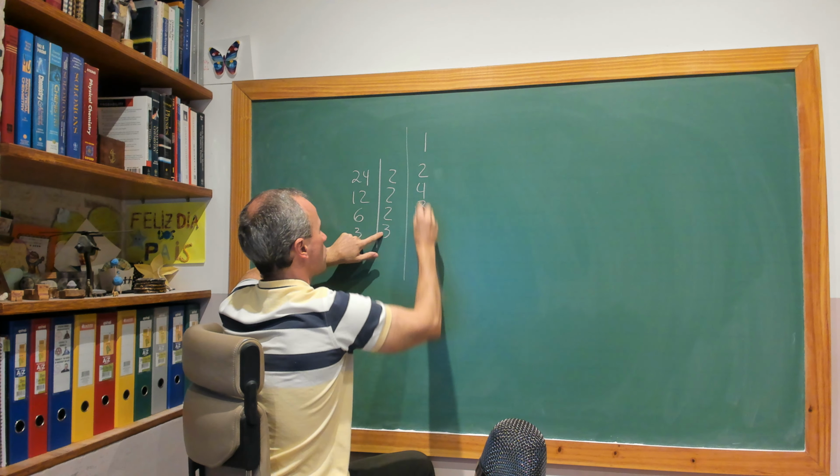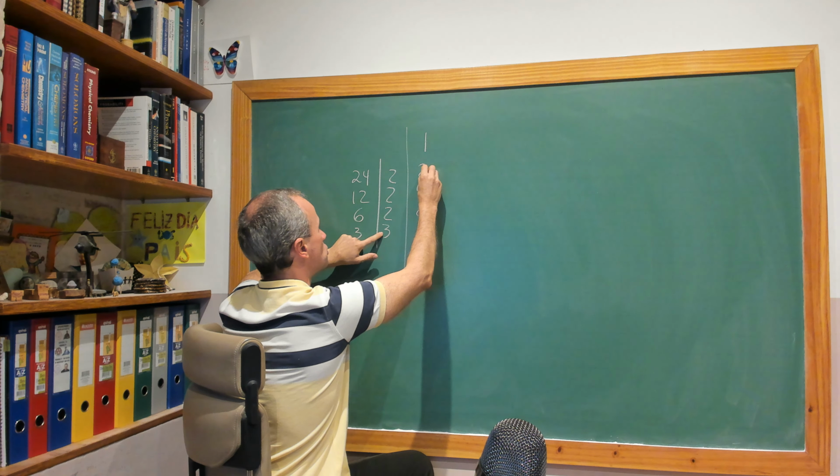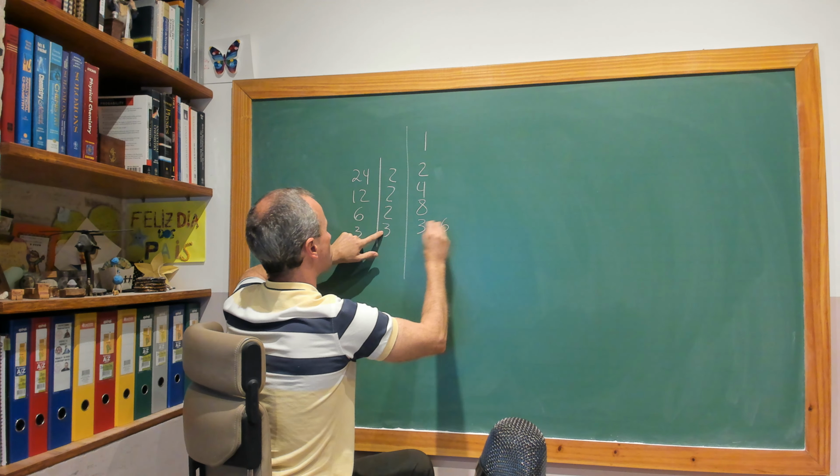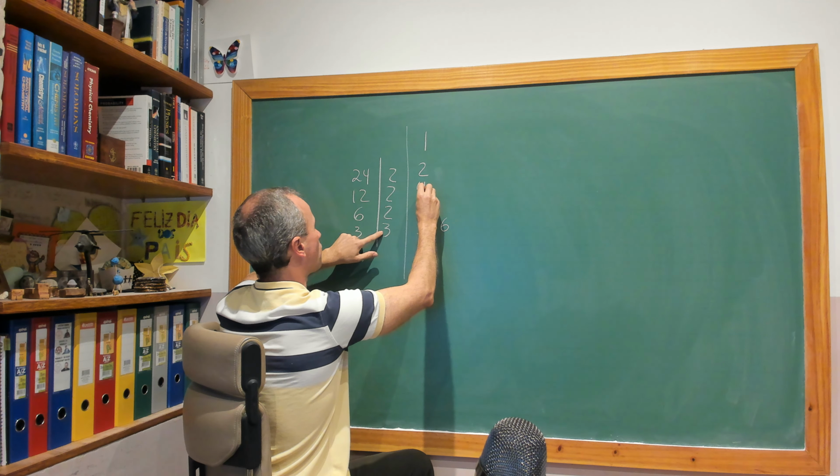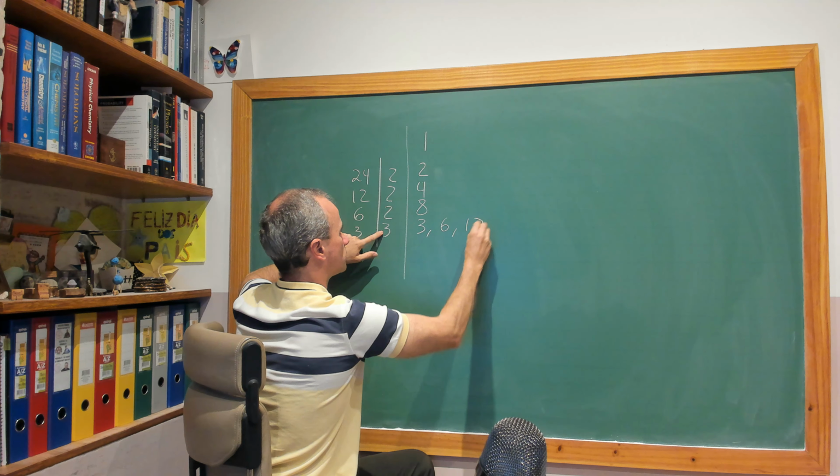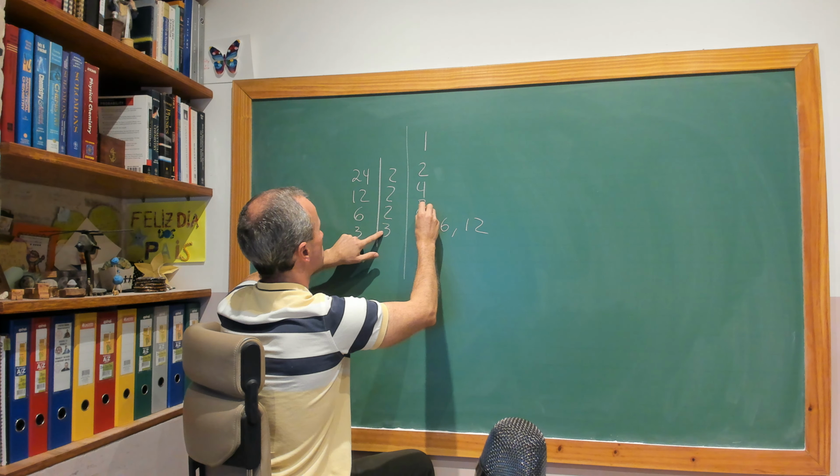So 3 times 1, 3. 3 times 2, 6. 3 times 4 is going to be 12. 3 times 8, 24.